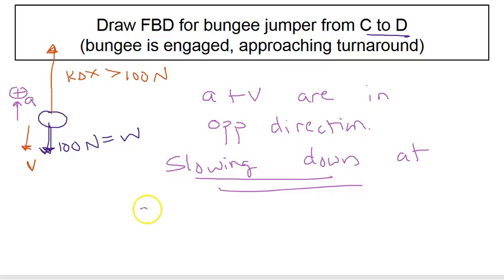And if you want to be technical, at an increasing rate, because K delta X is going to be winning by more and more and more, so your acceleration vector is getting bigger.